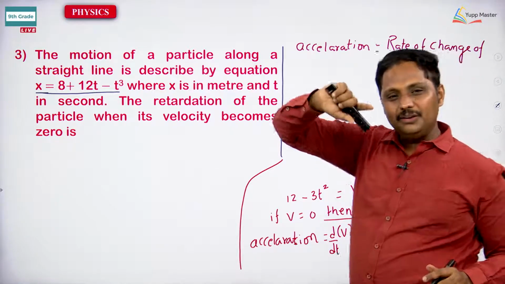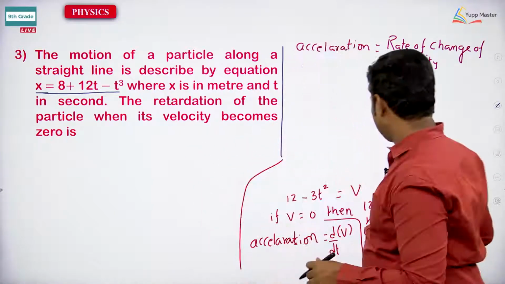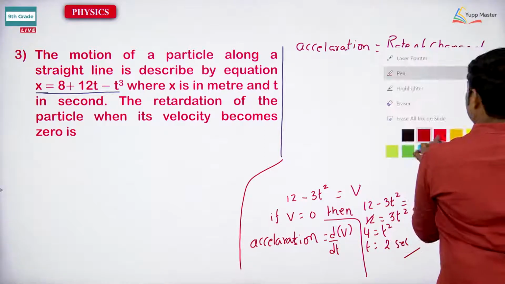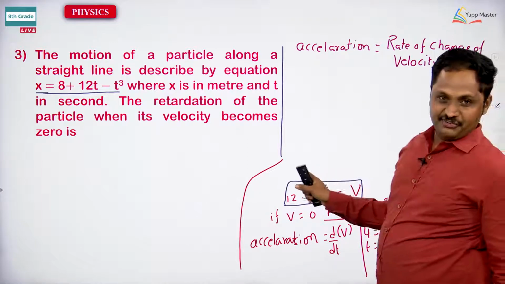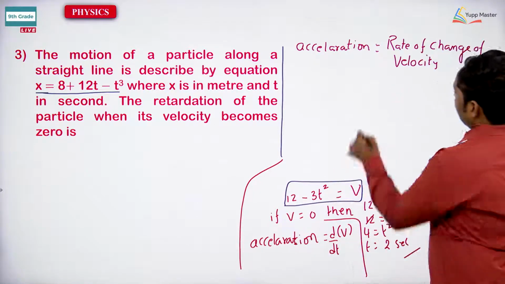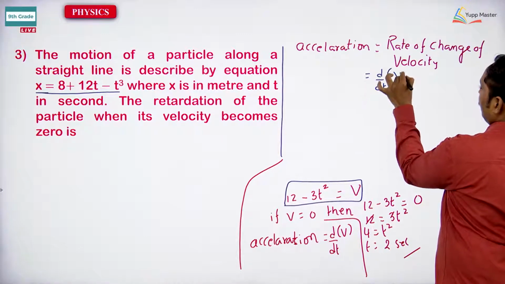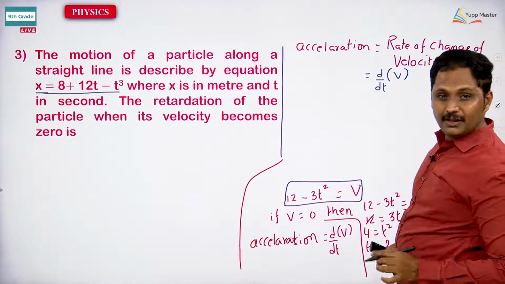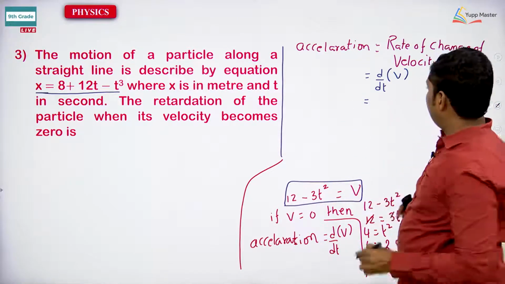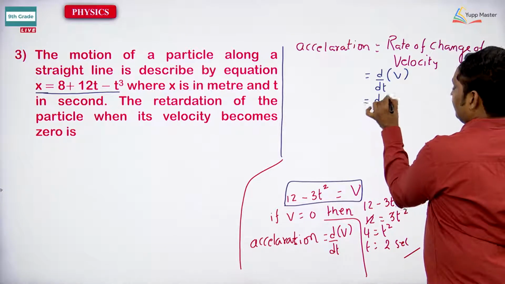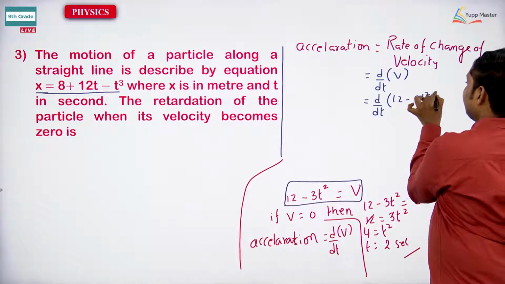We have obtained the velocity as a function of time. We can apply differentiation with respect to time. It's very easy. So, that is equal to d by dt of v, which is d by dt of 12 minus 3t square.